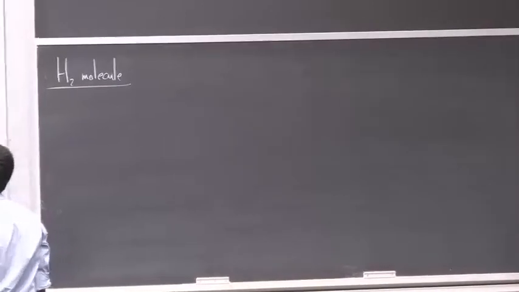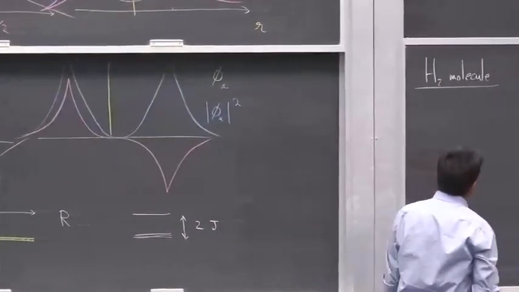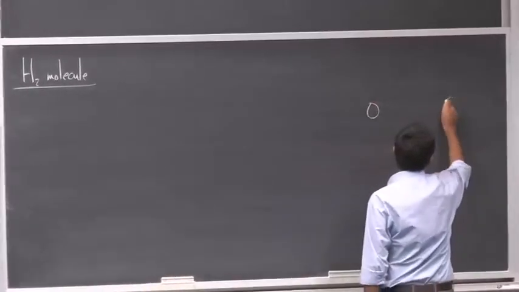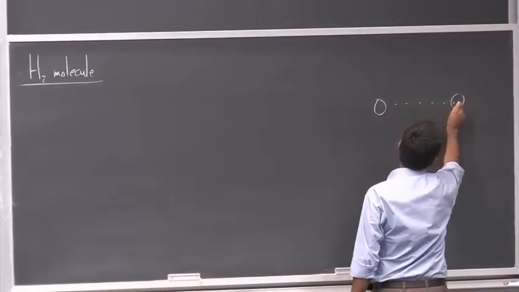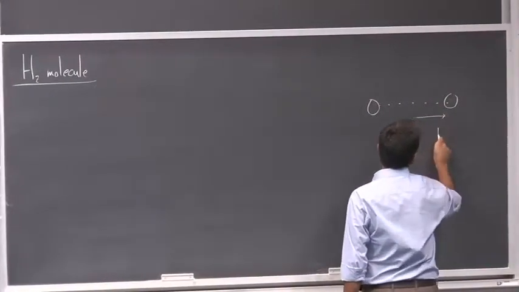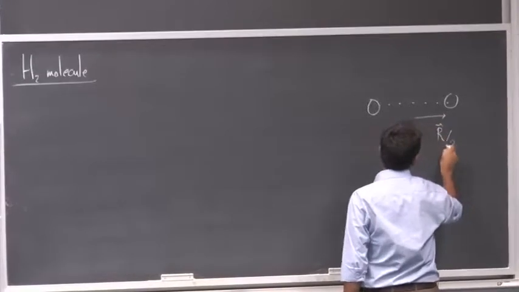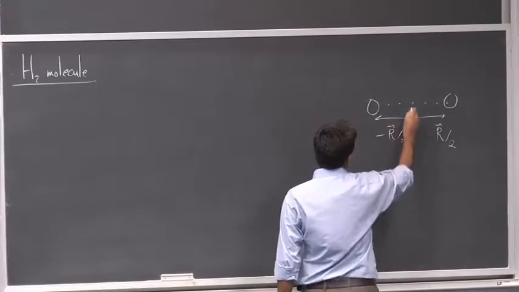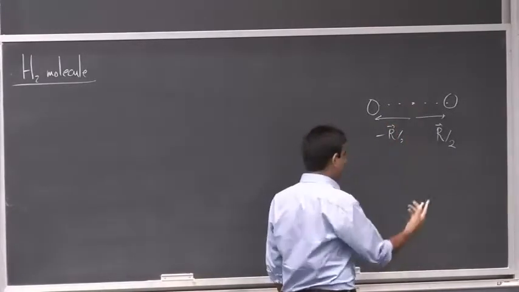Okay, now let's make a diagrammatic representation of the hydrogen molecule. You see, we have two nuclei. This is R by 2. Once again, this is minus R by 2. This is our origin, which we set by our own choice.